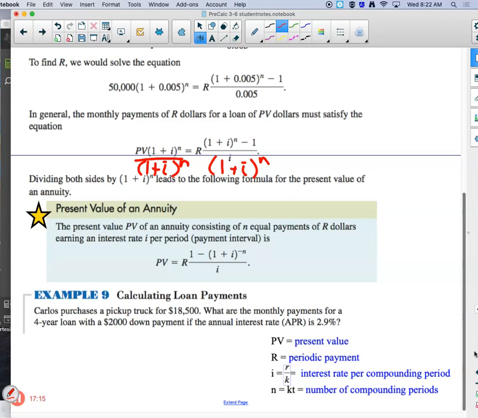I know it says present value of an annuity, but I really want you to think about this in terms of loans and mortgages, because that's what this formula is used for. Figuring out, okay, what do I owe every month? How am I going to make this happen? R is that payment. That's what we're trying to figure out.